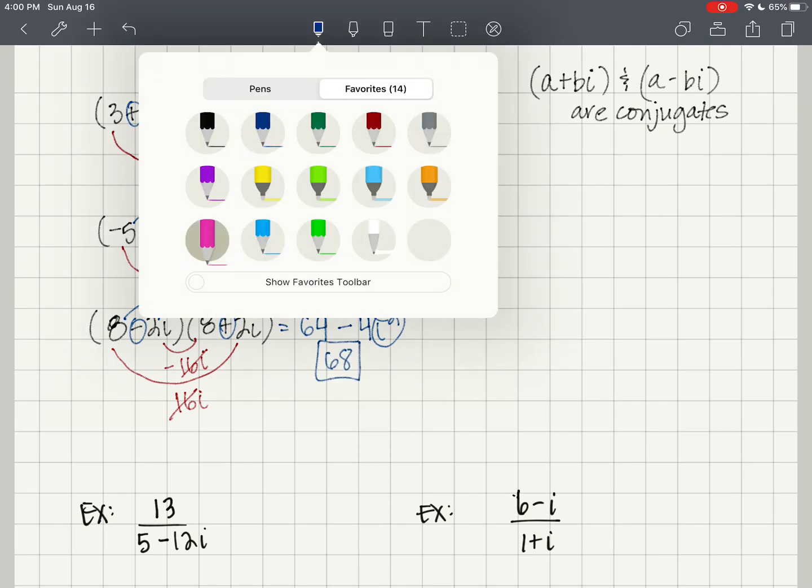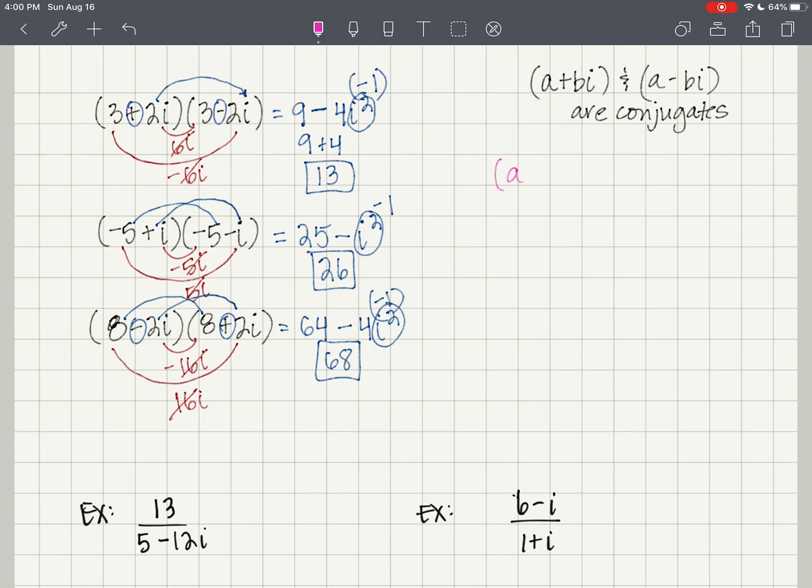So the rule is a plus bi times a minus bi. Let's see if we can figure this out. Negative abi, positive abi, those cancel out. So we're left with a squared.